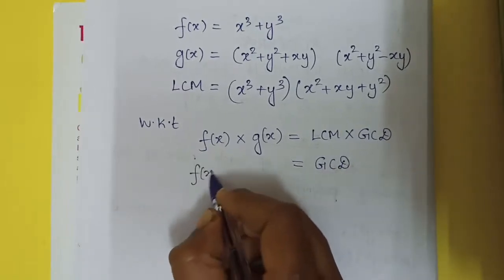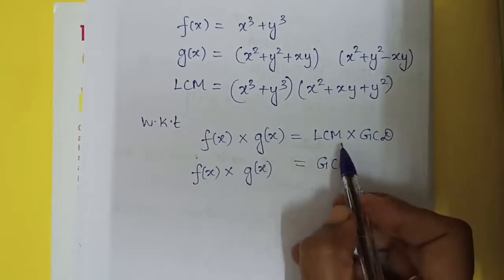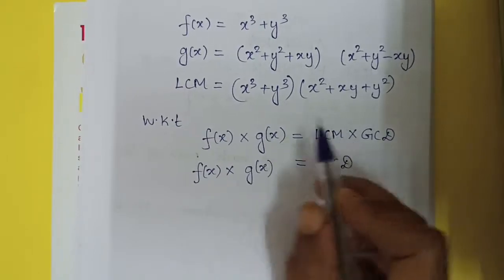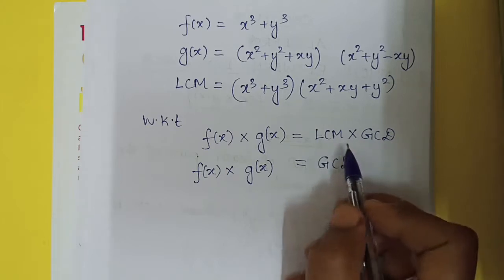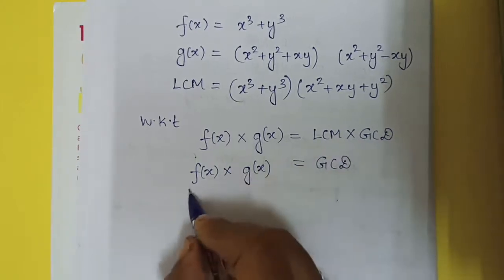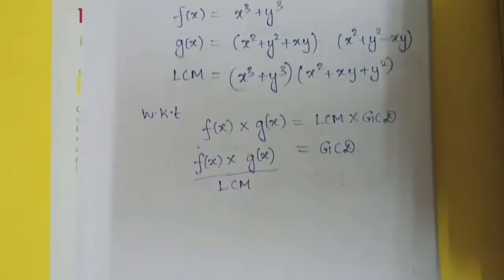So f of x into g of x, while transposing LCM from this side to this side, it is under multiplication relation. So coming this side, it will be as division. So LCM. Shall we calculate this?